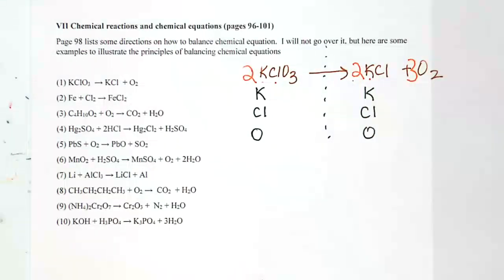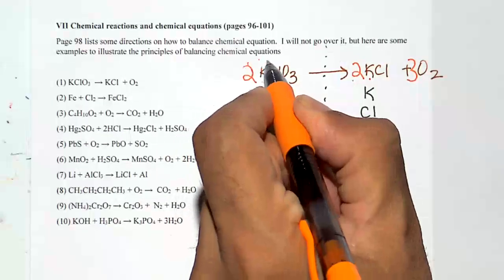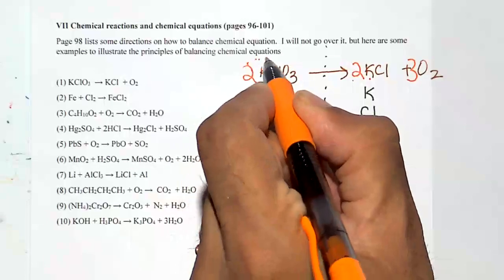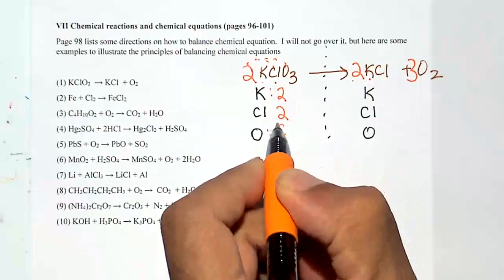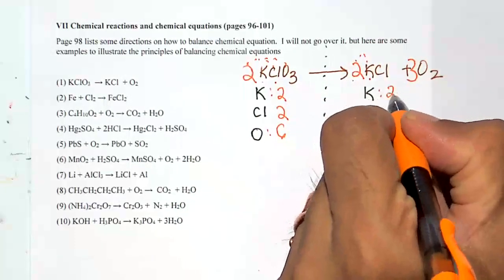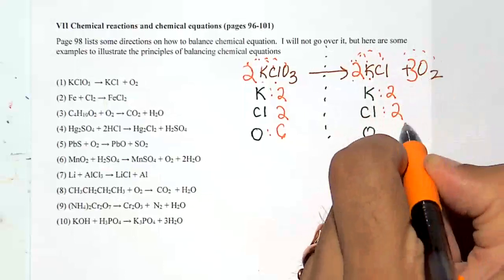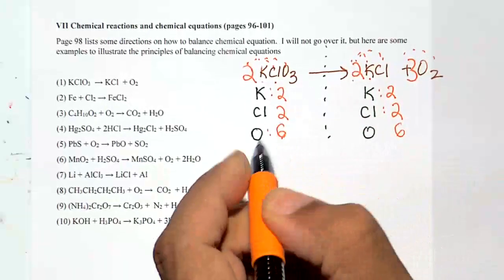For some people this comes, for some people it just takes some nudging. So 2Ks, 2Cls, we have 6 oxygens.